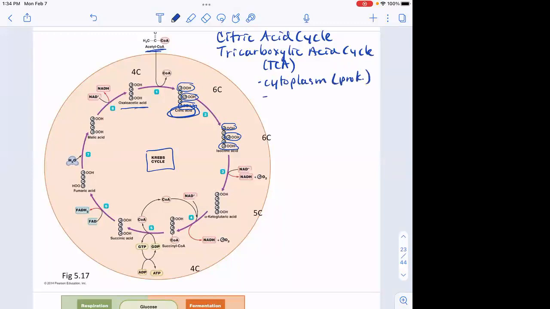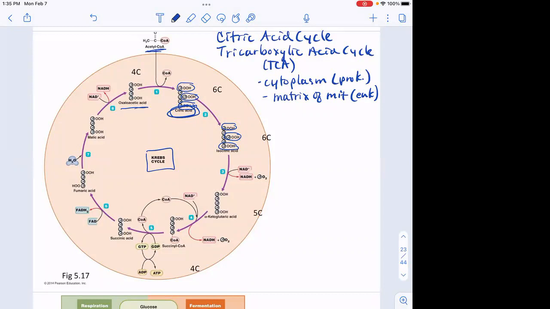For eukaryotes, it's taking place inside the matrix of the mitochondria. The mitochondria has two membranes, a regular outer membrane, and then this other membrane inside, which we call the cristae.